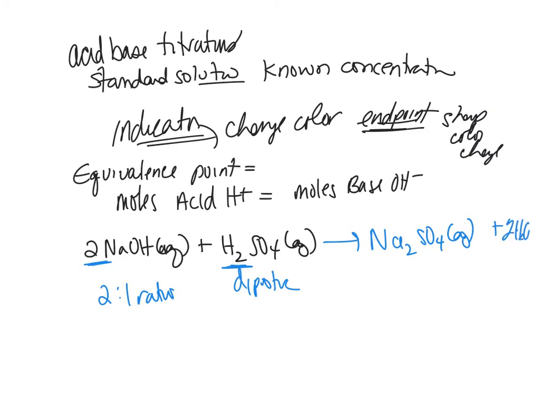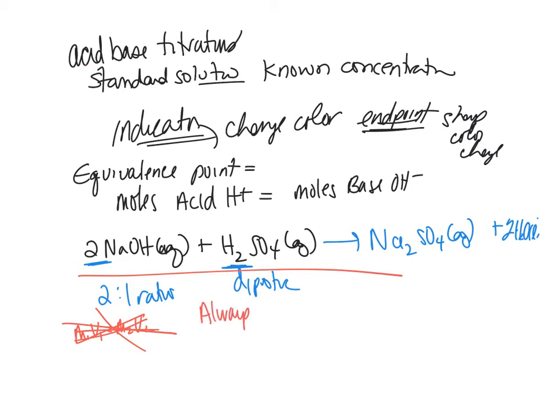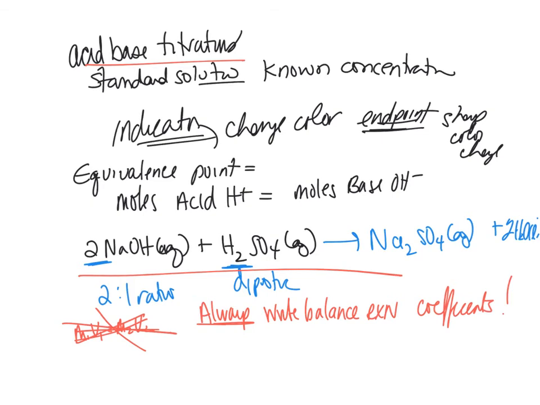Some people will try to use the dilution equation, M1V1 equals M2V2, rather than write out the equation, and it doesn't work for the diprotic ones. So do not do that. When you're doing acid-base titration questions, always write a balanced reaction so you can get the coefficients. You're going to need them. And you will have to come up with writing that equation.